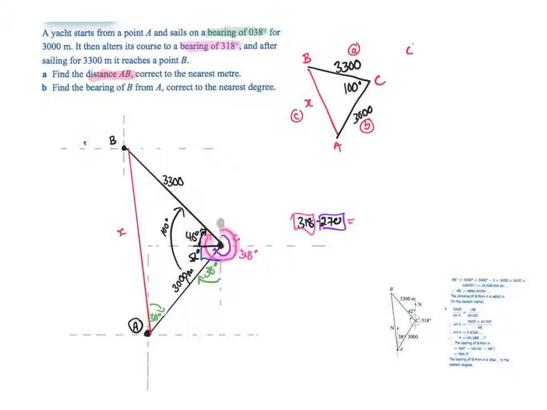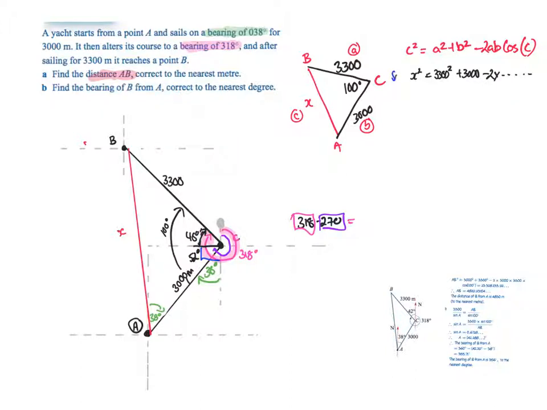So you'd say c squared equals a squared plus b squared minus 2ab cos c. Okay, substitute your values in. So for me, I called it x, and a is 3,300 squared plus 3,000 squared, and so on.